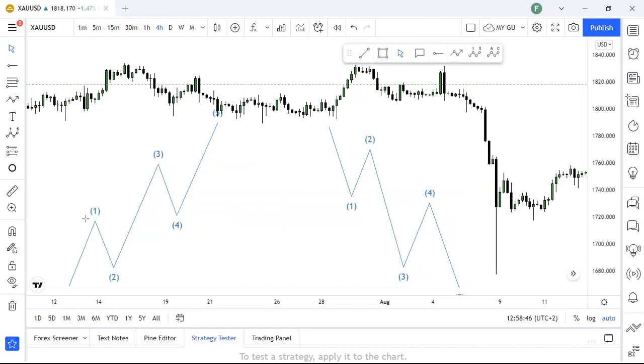Corrective 2 should always be in the area of 1. If price was to come down and then touch or go outside the low of 1, then the whole setup has been invalidated. Then you don't have a 1, you have something else. Something else is happening, so you have to reevaluate your analysis.